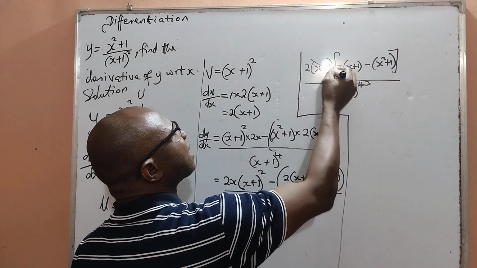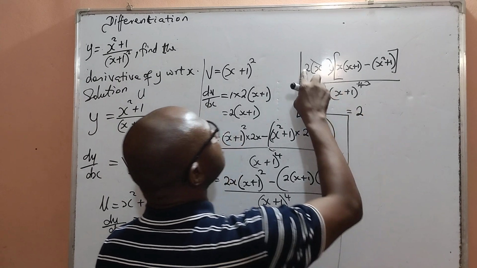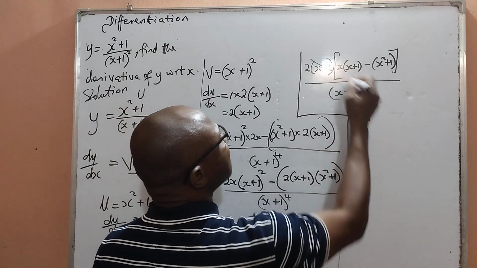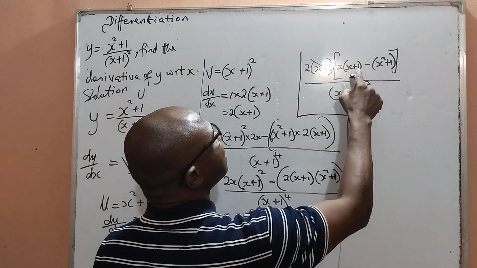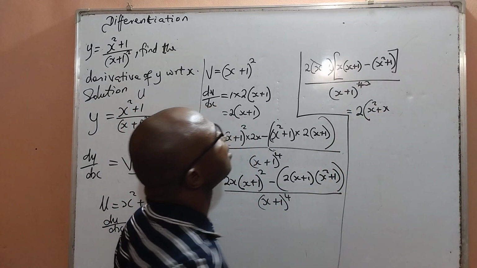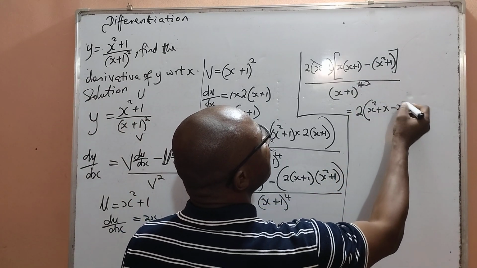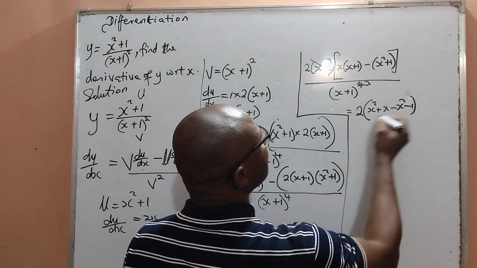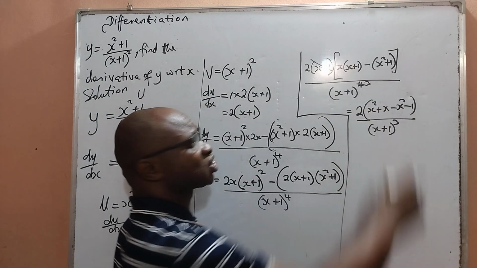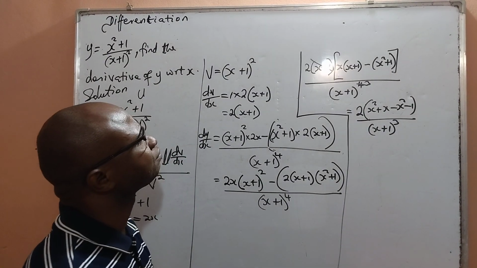So this one can now go, meaning that I can now have 2 into, and I can open this bracket to get x times x, which is x squared, then x times 1 will give me x. Also, if I open this bracket with the negative sign, I will have minus x squared minus 1. Everything is all over (x plus 1) now to the power of 3, because I have cancelled one of it and the 4 has reduced to the power of 3.